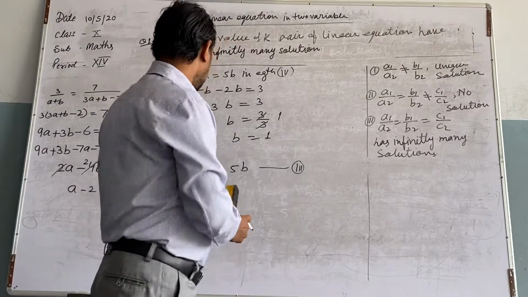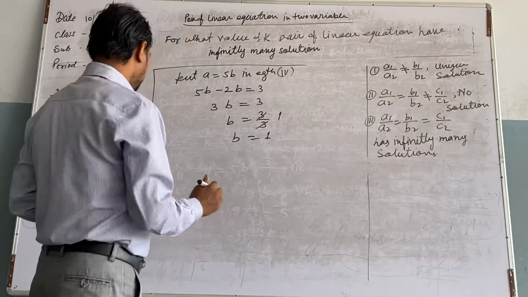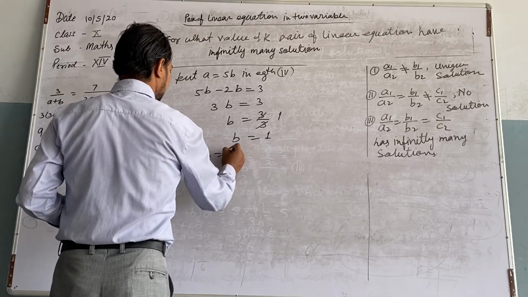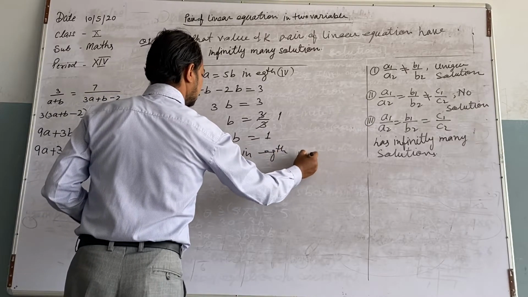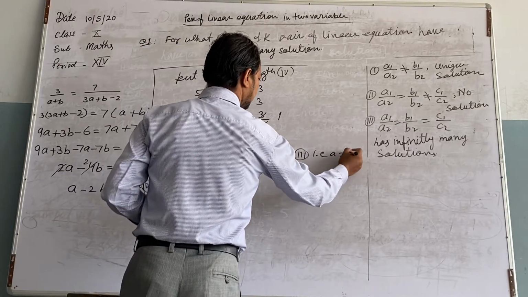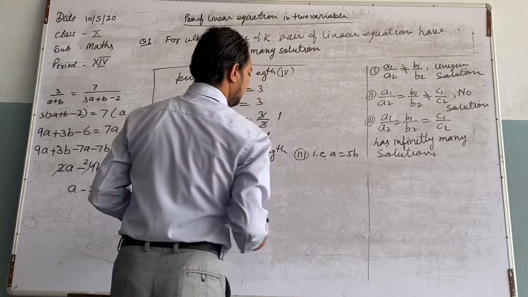Now to find out the value of a, put b equal to 1 in equation 3rd, that is a equal to 5b. What was the equation 3rd? A equal to 5b.